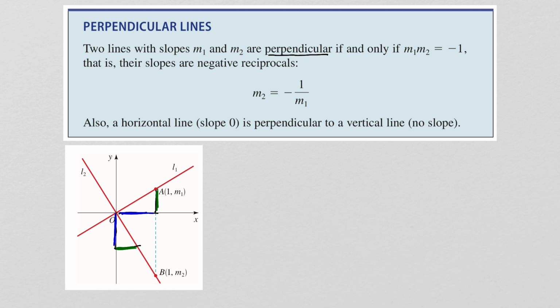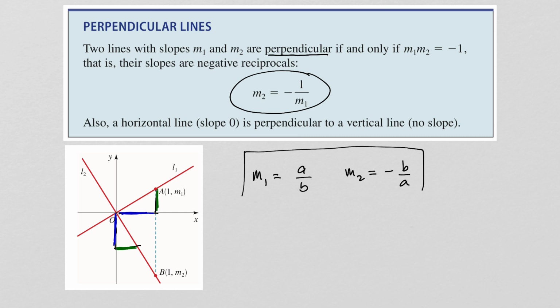So what I'm saying is, if the slope of one line is, let's say, a over b, the slope of the second line is going to have to flip that and also be opposites, okay? Now, another way to say this is the slope of the second line is the negative reciprocal of the slope of the first line. But I find this way of thinking about it to be a little bit more useful.